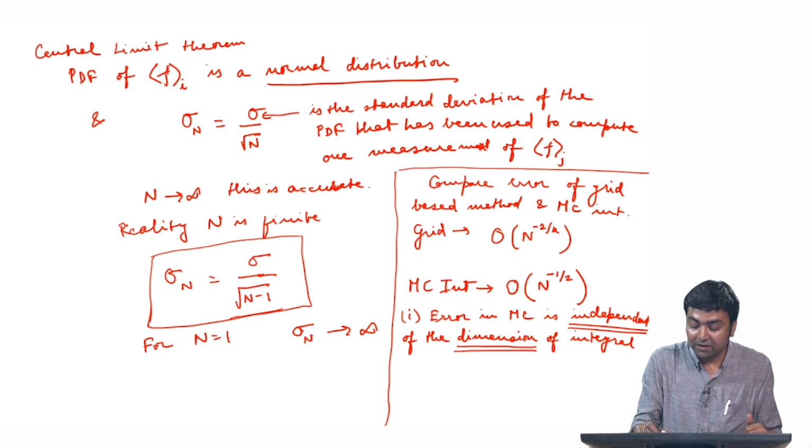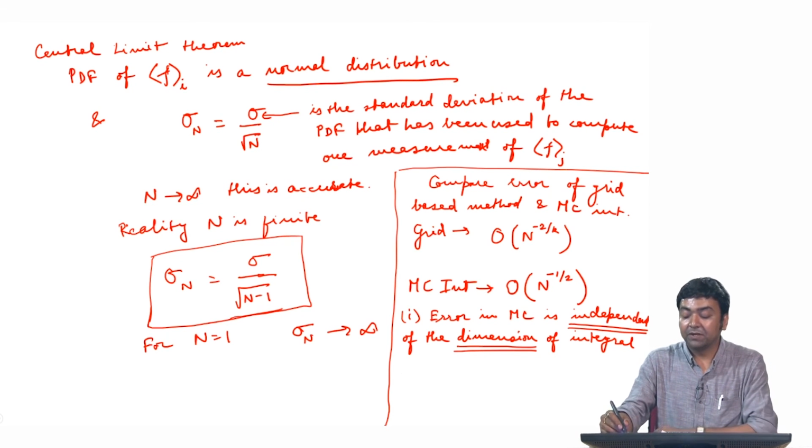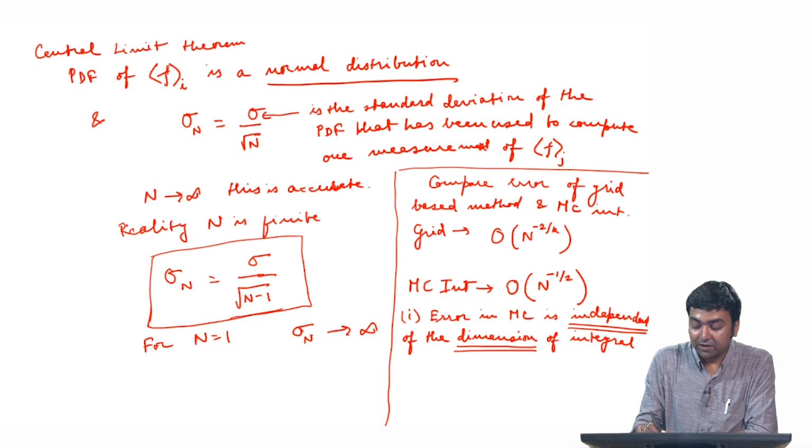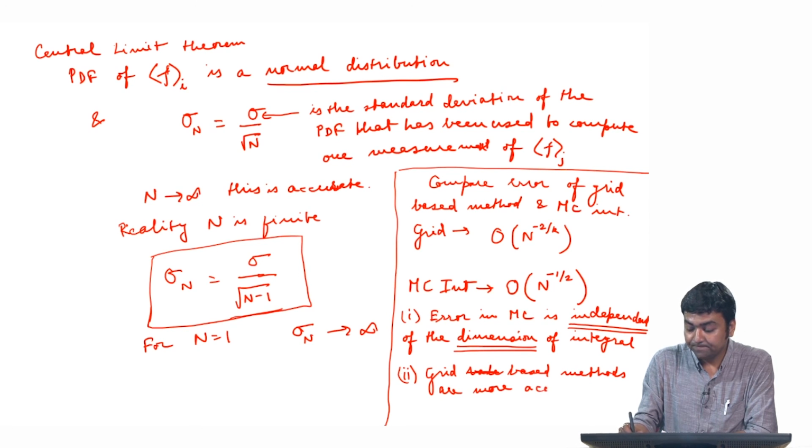But in contrast, for the grid based method, as I mentioned earlier and am stressing once again, as you try to do higher and higher dimension integrals, the error becomes larger. The second thing this tells us is that grid based methods are more accurate for low dimension.